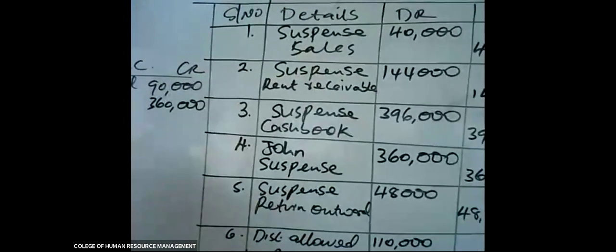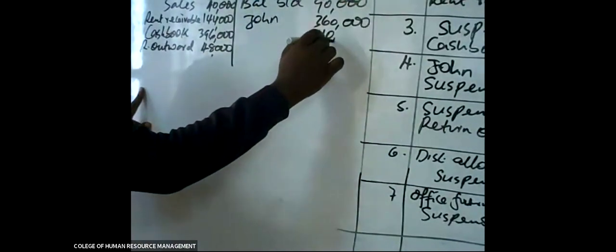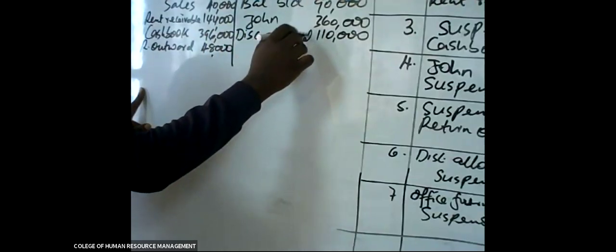Number six, suspense account is credited by 110,000. The other account is discount allowed. So you credit here by 110,000. Discount allowed is the other account.